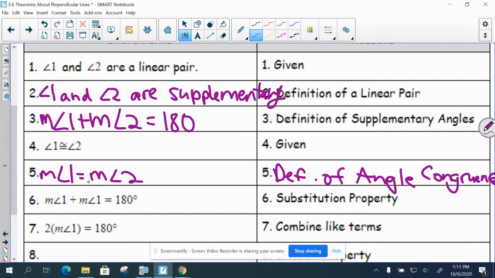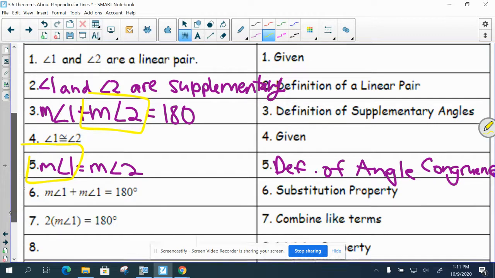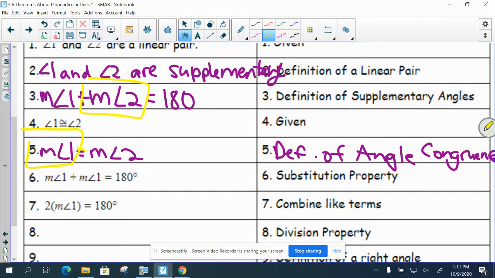Now that we know the measure of angle 1 and 2 are equal, we can use the substitution property in step 6 to substitute out measure of angle 2 here with measure of angle 1. So we know that they are equal. Now this would be a substitution since you're replacing part of an equation, not the whole side. So that transfers down to here.